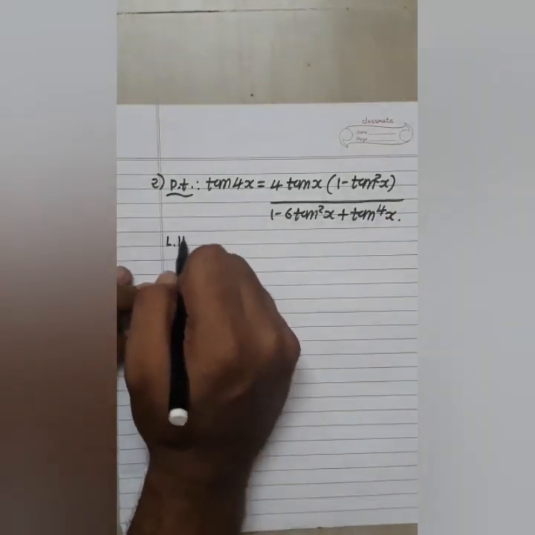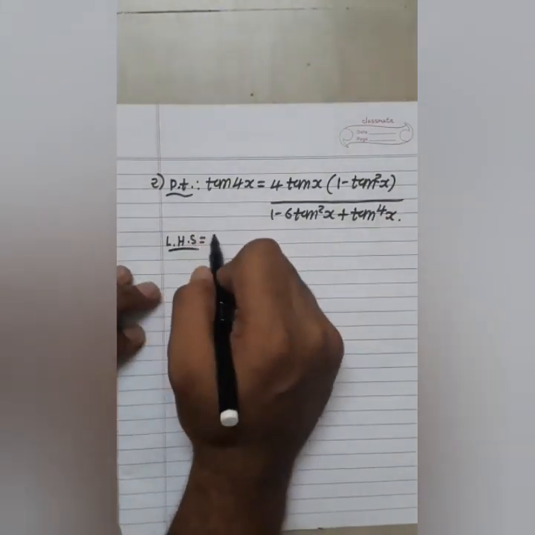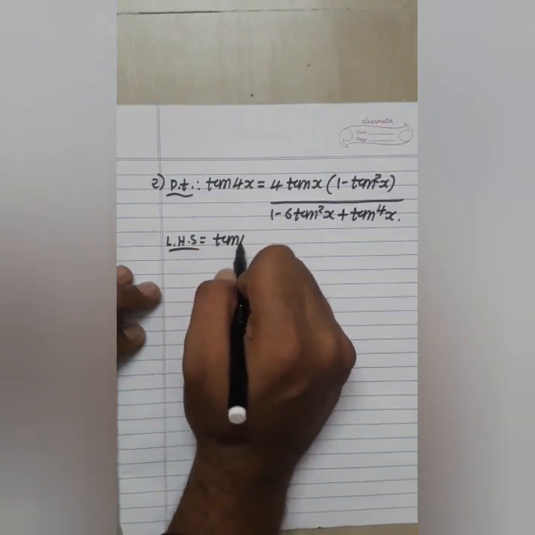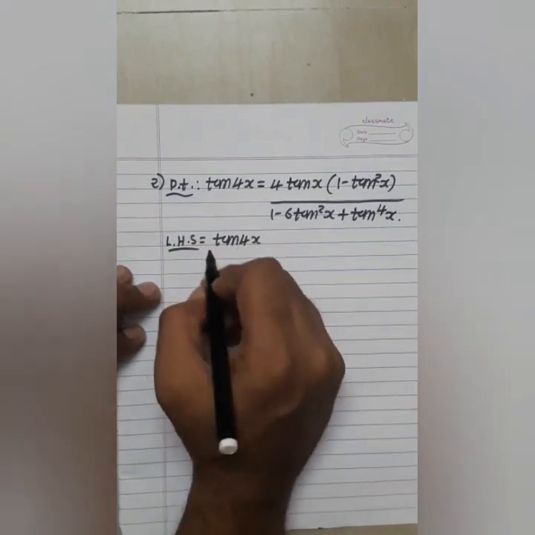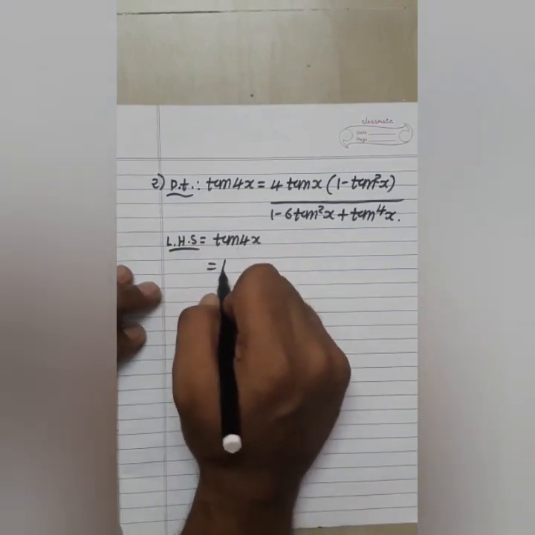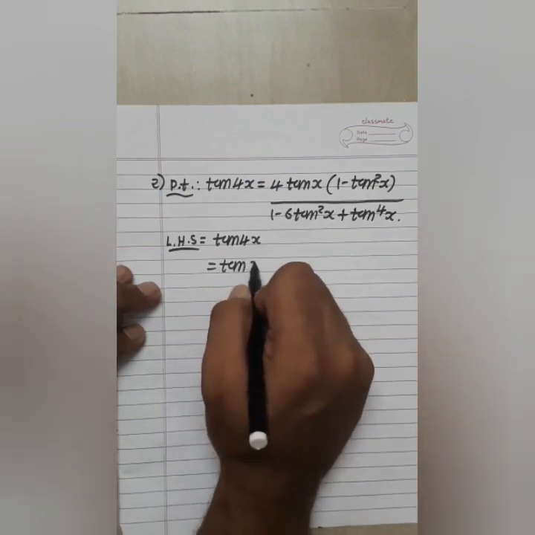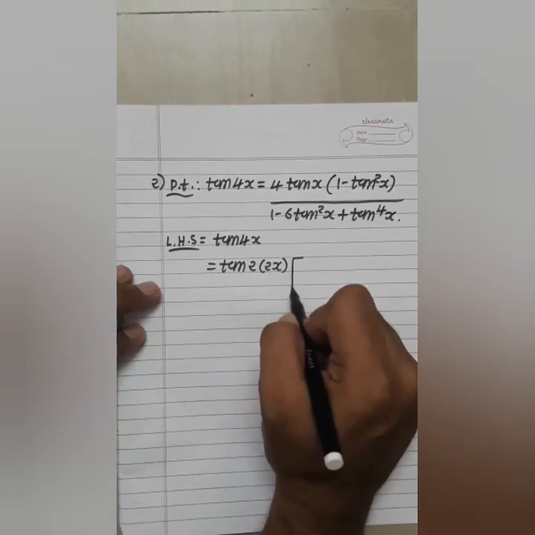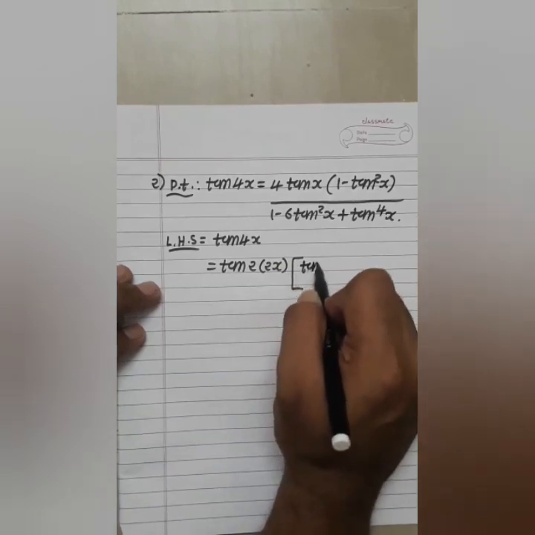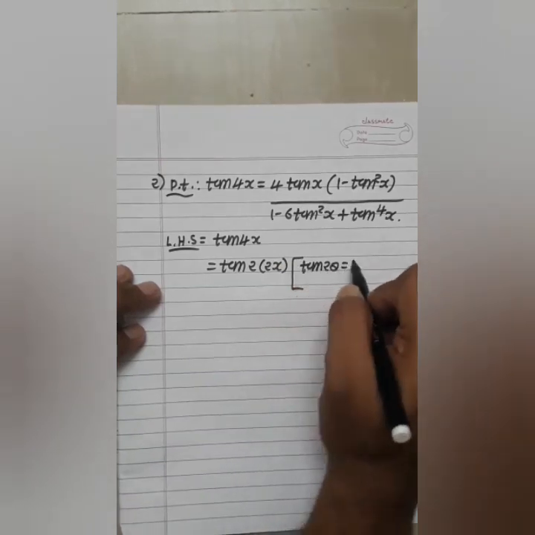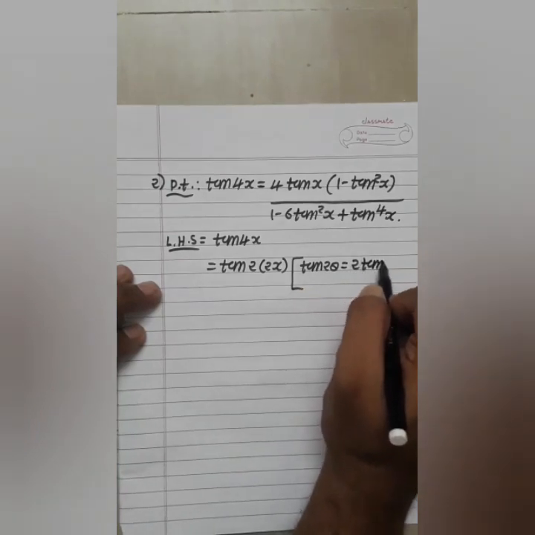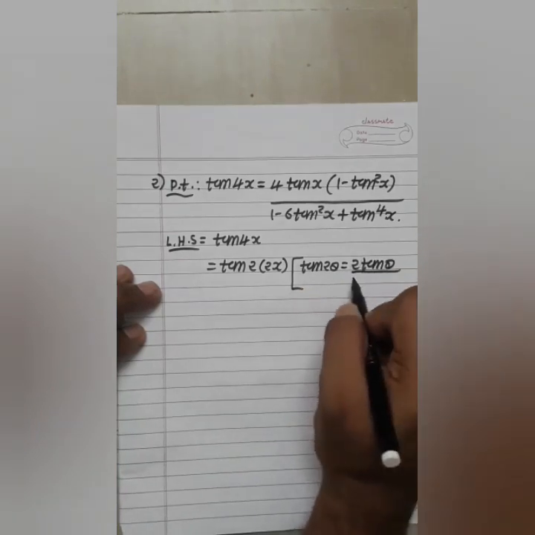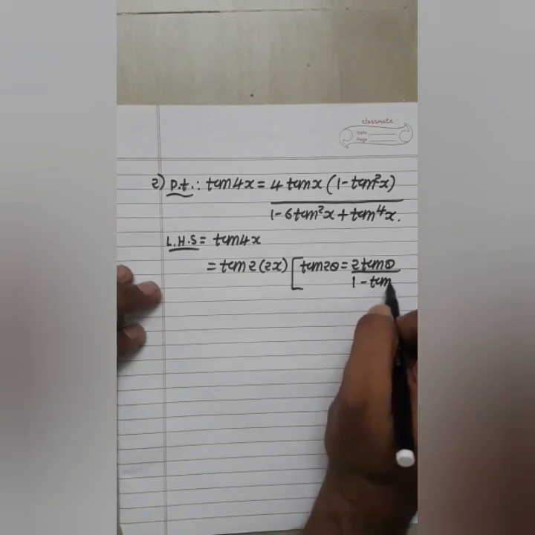So again start from the LHS side. Tan 4x. Now tan 4x, in place of it we write tan into bracket 2 into bracket 2x. Now here write the formula tan 2 theta is equal to 2 tan theta upon 1 minus tan square theta.